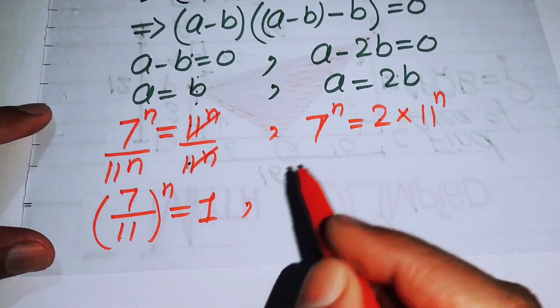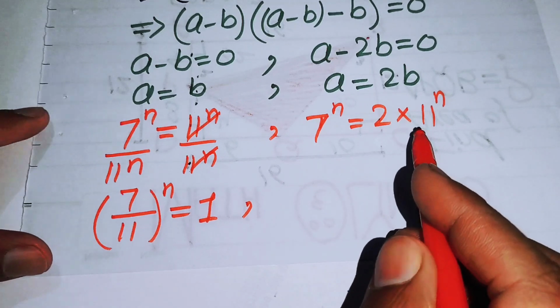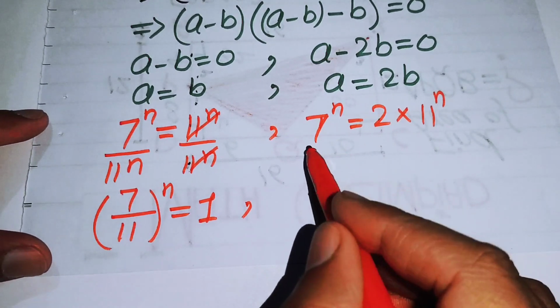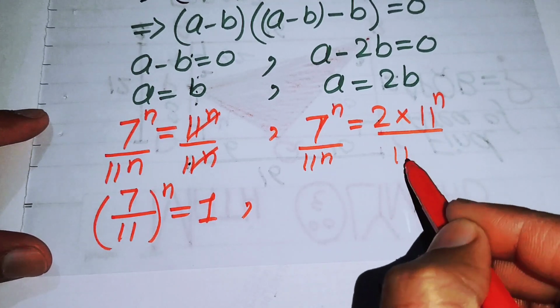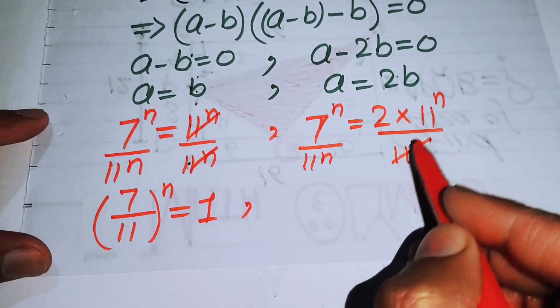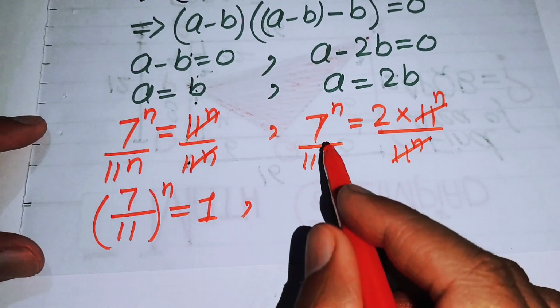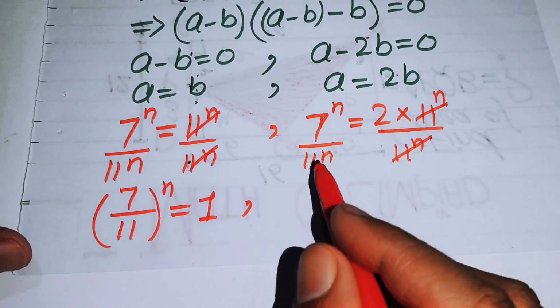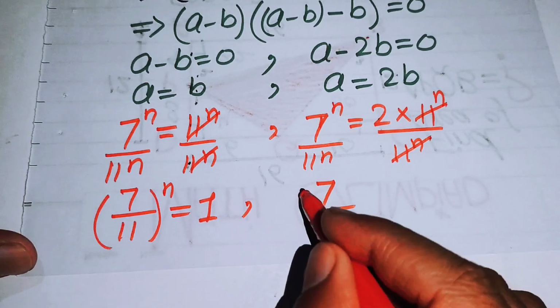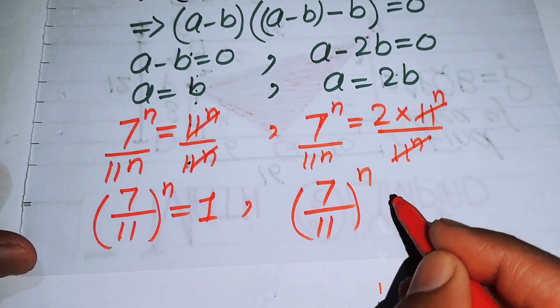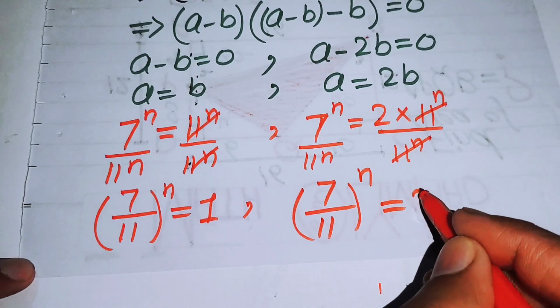Similarly we divide both of the sides by 11 to the power of n, and you see that these two terms are gone, and here we just combine the exponent and you write it as 7 over 11 whole power n equals 2.